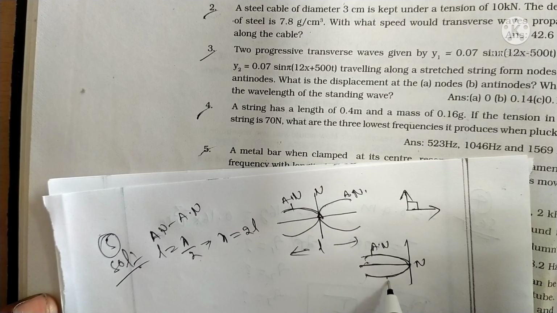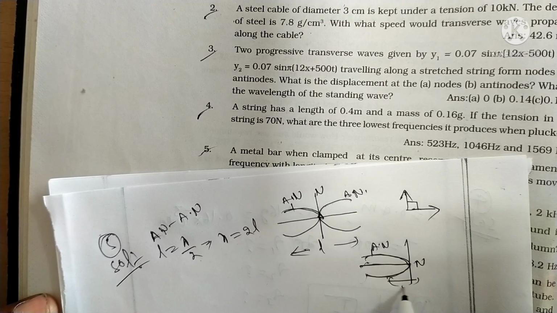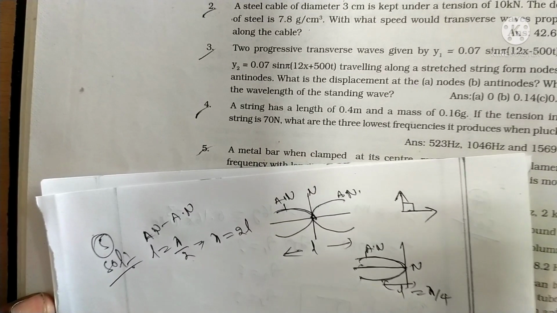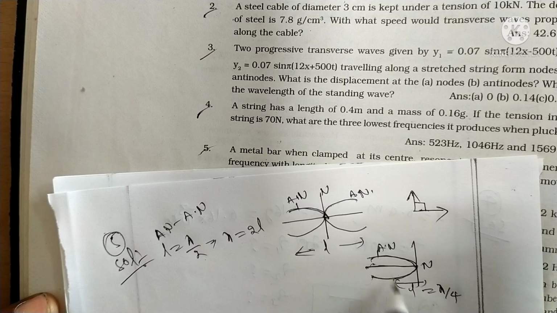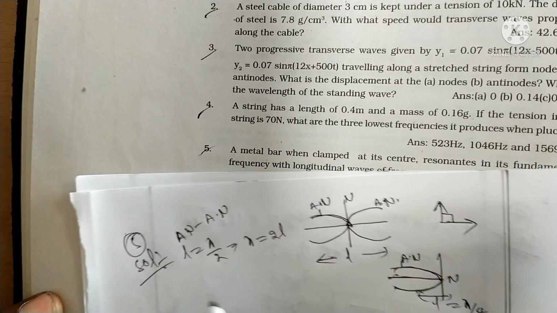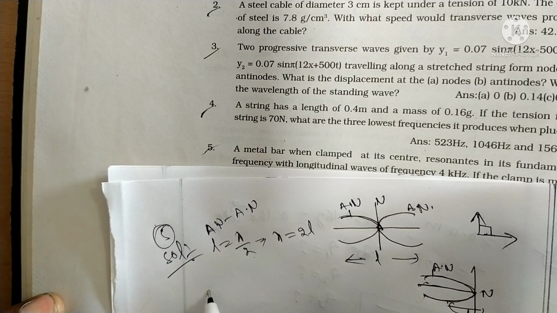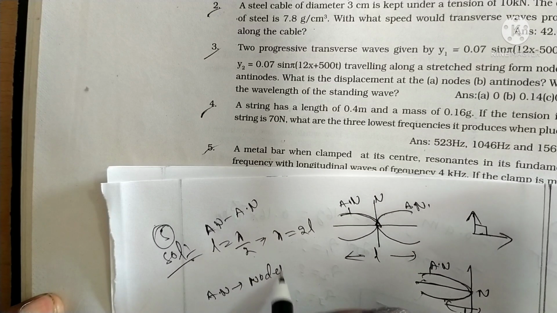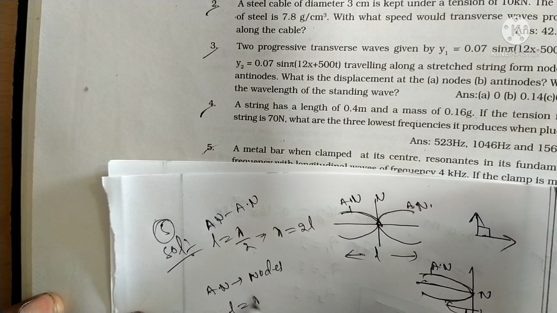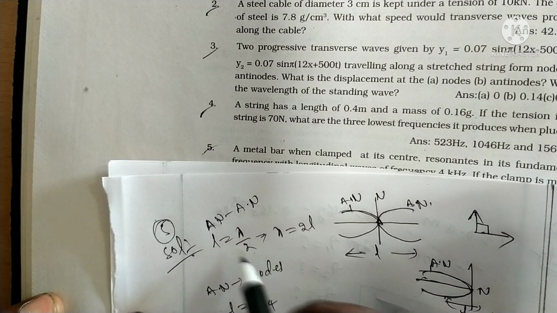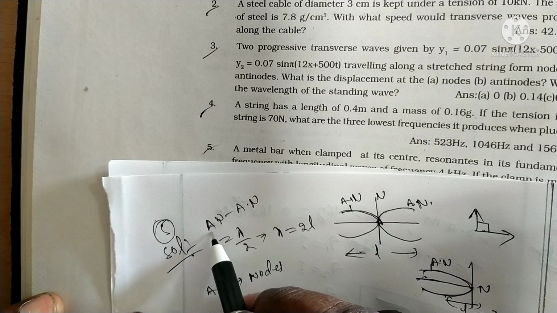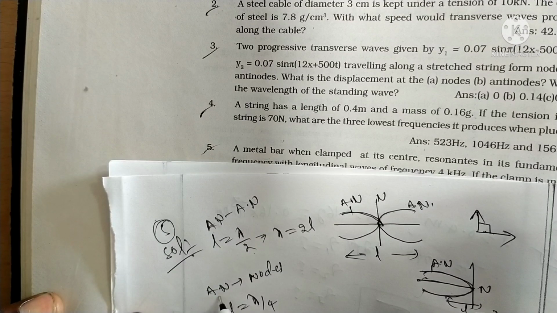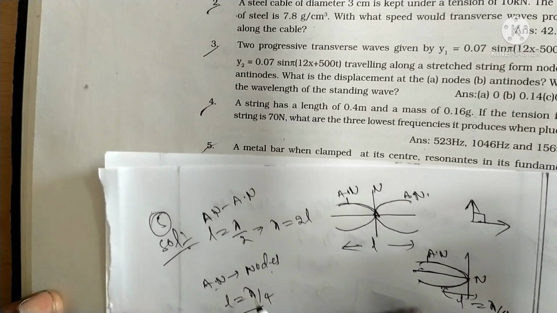The distance between the node and antinode, L, is equal to lambda by 4. You know this explanation: the distance between antinode and antinode is lambda by 2, and antinode to node is lambda by 4.